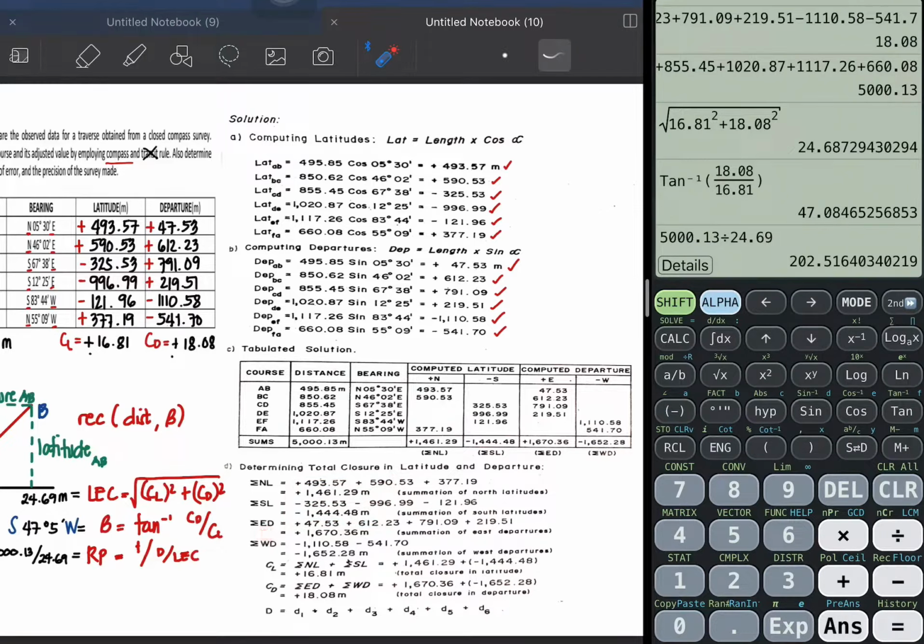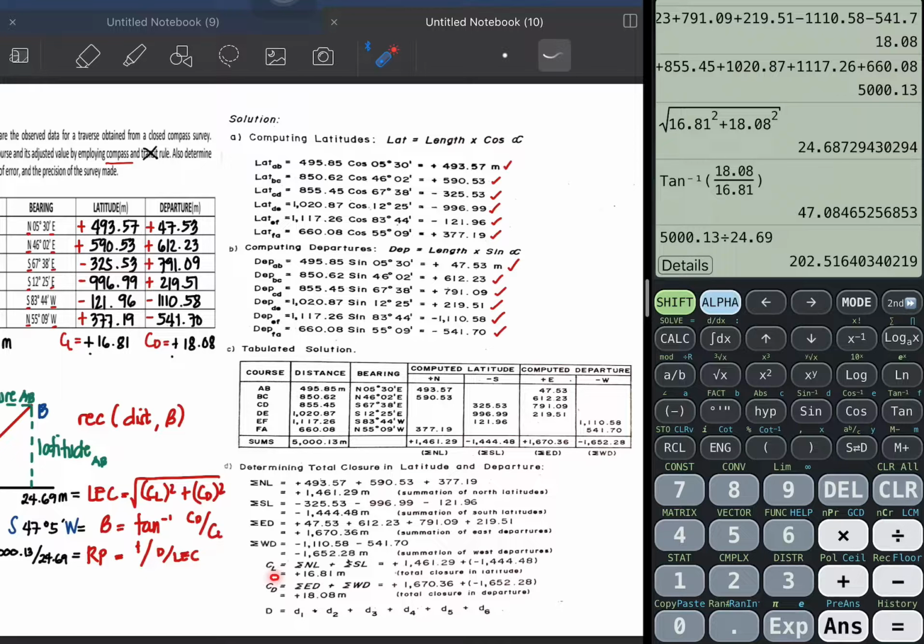Okay, next is the departure, east and west departure. From the data, the east departure is bigger than the west departure. So the correction of each east departure is to be subtracted, and for the west departure, the correction is to be added.